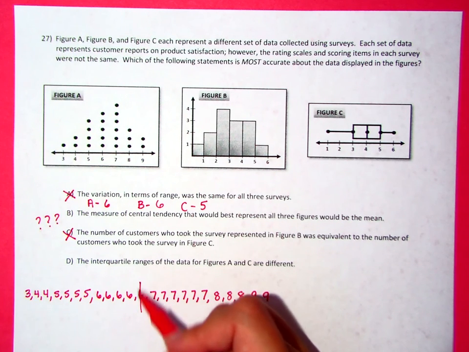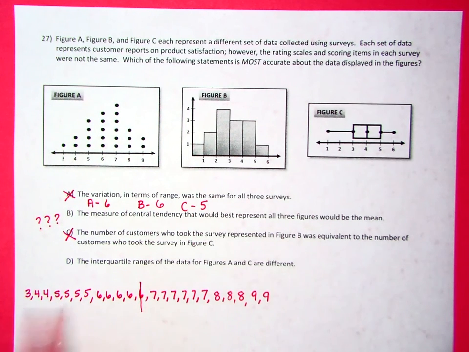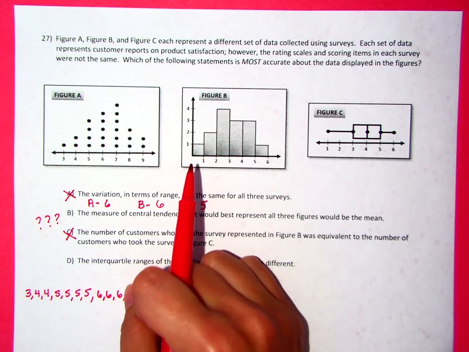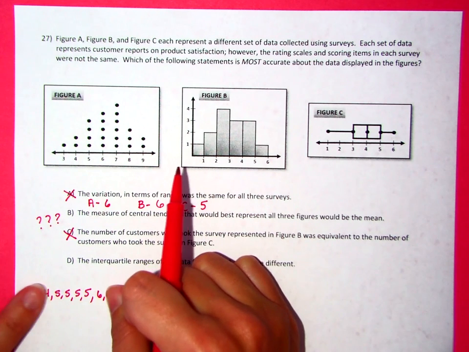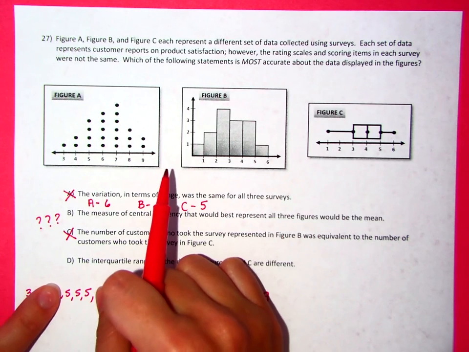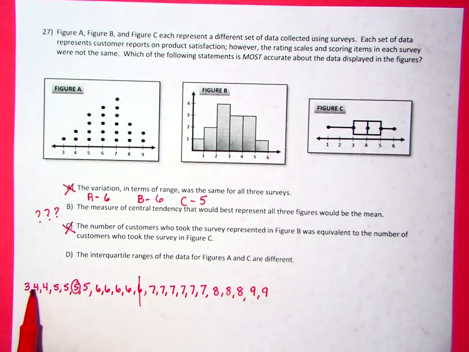And I like to put a line through it because then when I'm trying to find the first quartile, the line reminds me I don't get to count the 6. So now I'm going to find the median of the lower half in the same way, covering up the 6 and the 3 and working in. It would appear to be this 5, but let's check. That's 6 numbers in, and then 6 numbers in.